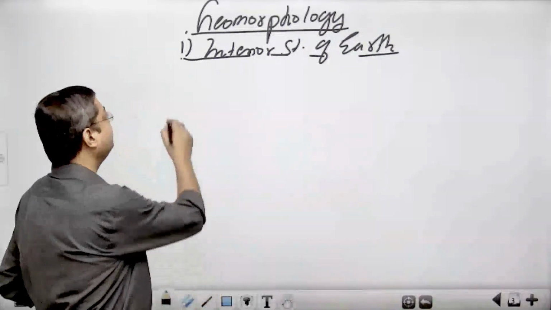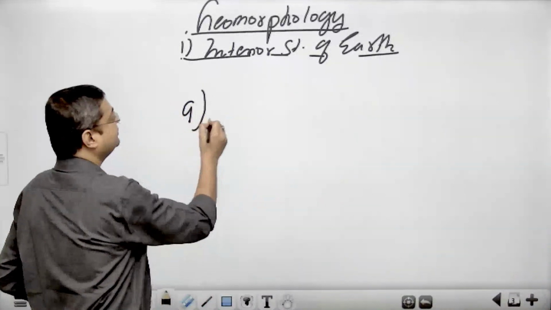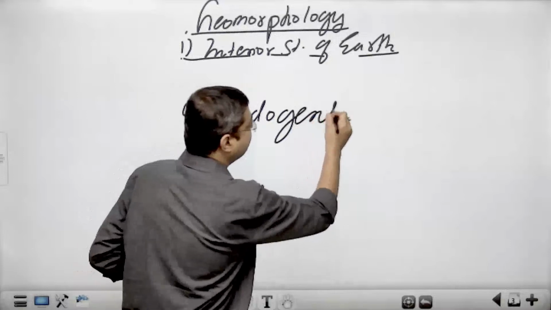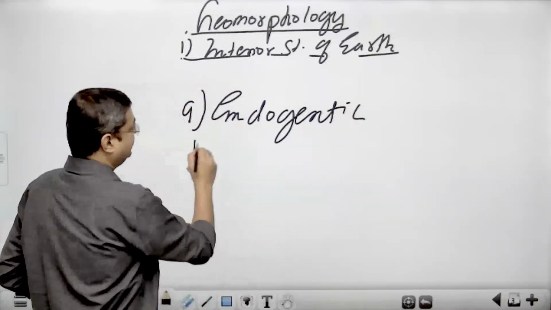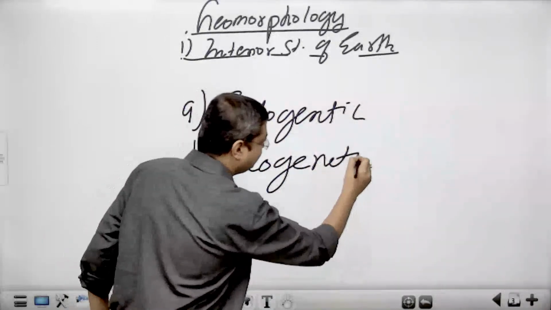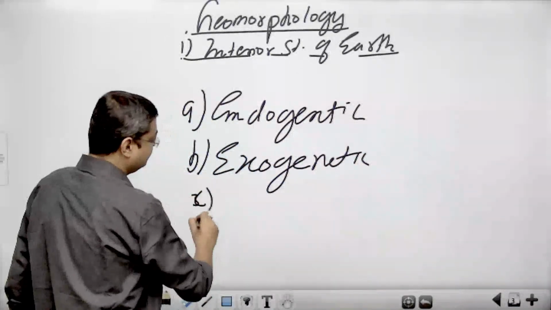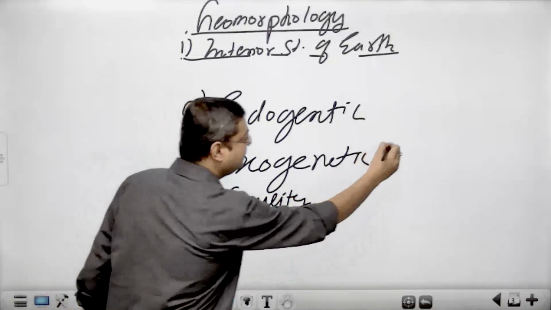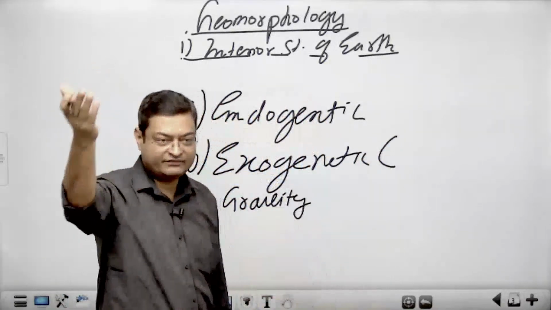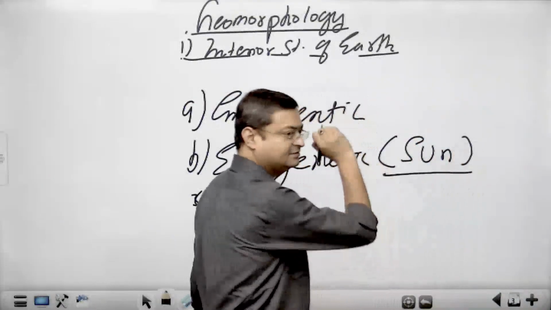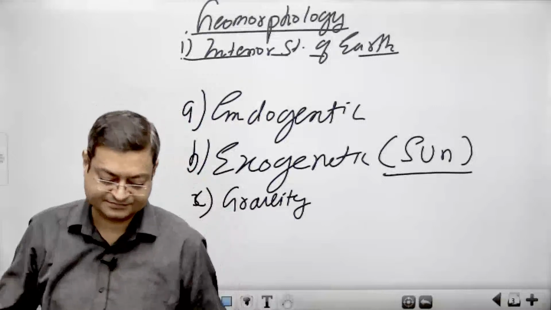So basically earth receives heat from three sources. One is endogenetic, another one is exogenetic, and third is gravity. Now this exogenetic, it means above the earth, it is controlled by sun. Write down this one.